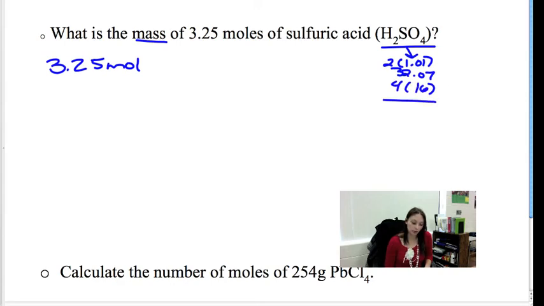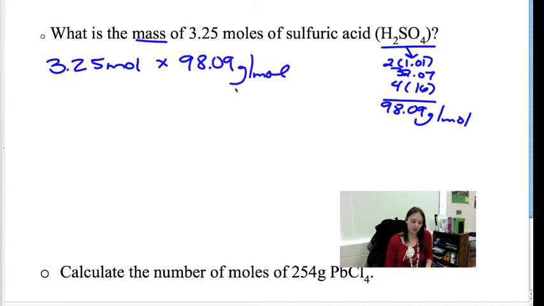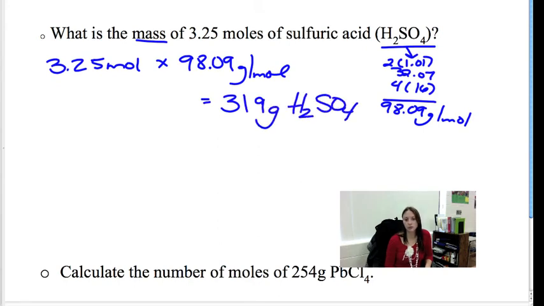I get a total number of 98.09 grams per mole. Now since there are 98.09 grams in 1 mole, and I have 3.25, I take 3.25 times 98.09, and that will give us our answer of 319 grams of sulfuric acid, which is H2SO4.